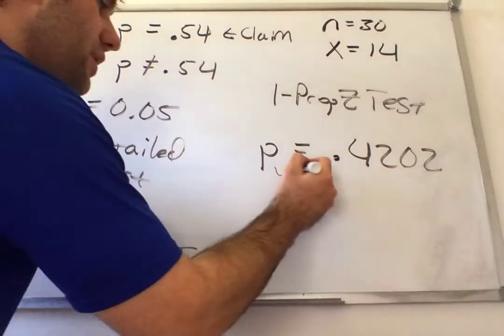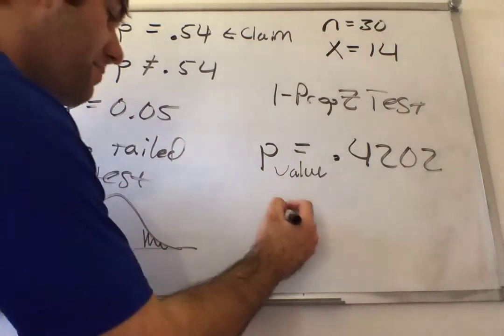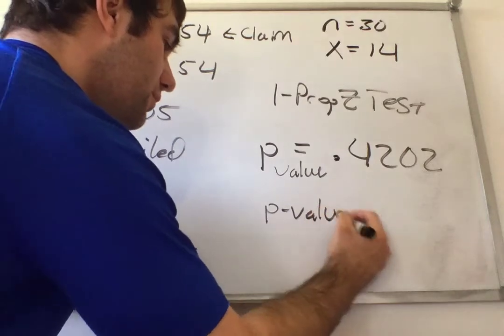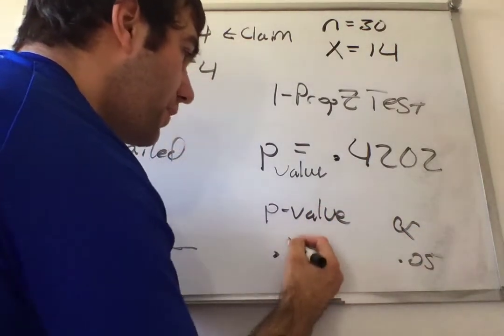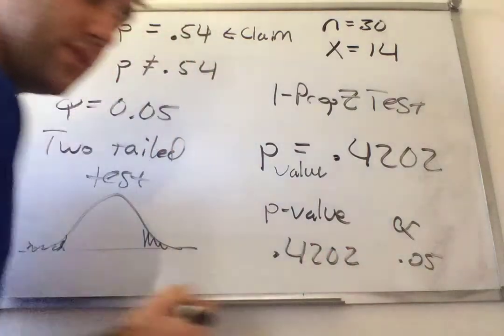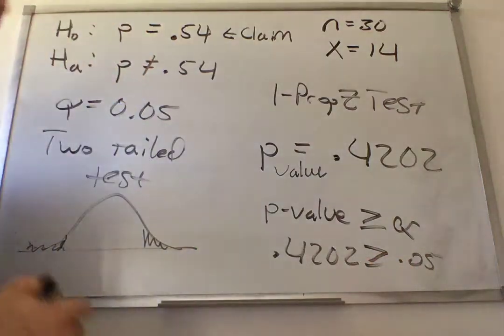I'll write the p-value in here. So if I compare my p-value to my alpha value, 0.05 to 0.4202, well, the p-value is definitely greater than or equal to my alpha value.